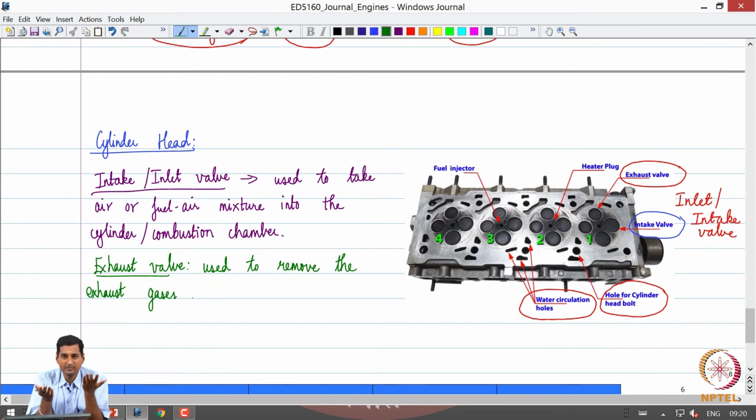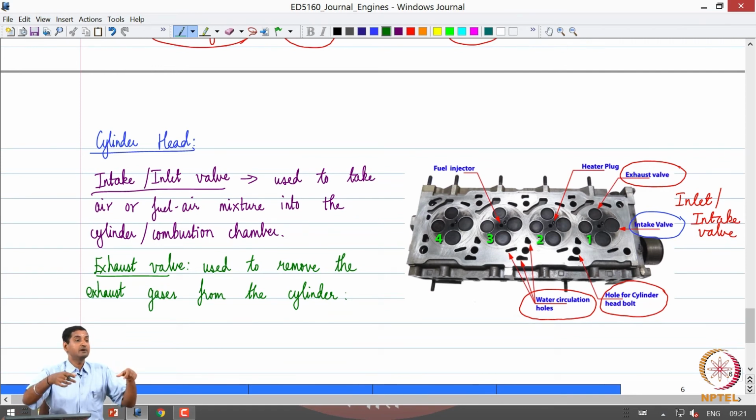But then we are never going to have ideal oxidation, there will be other byproducts also like carbon monoxide, unburnt carbon, right, and other gases also, which we will look at when we look at emissions, right. So, the exhaust gases which are the byproducts of combustion are removed from the cylinder. Okay. So, that is the function of an exhaust valve.